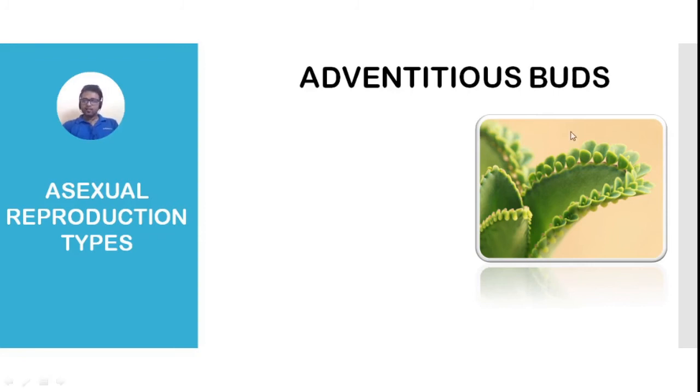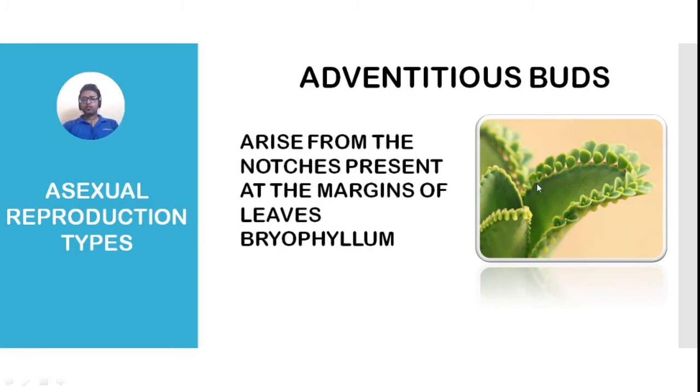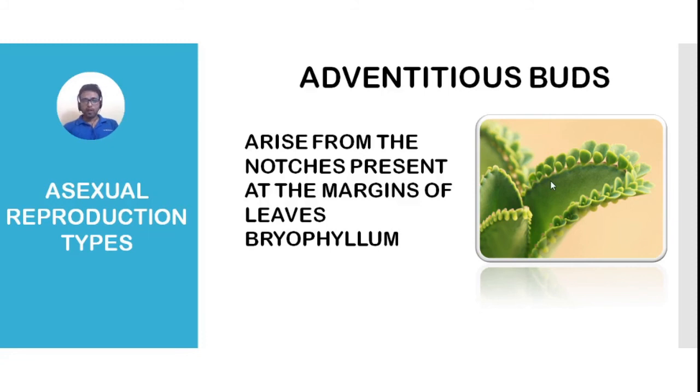These adventitious buds arise from the notches present at the margin of the leaves of Bryophyllum. You see, this is the margin of the leaves, and these are the notches. There are so many notches, and from these notches, these adventitious buds arise. And finally, these adventitious buds give rise to new plants, and it is commonly seen in Bryophyllum.